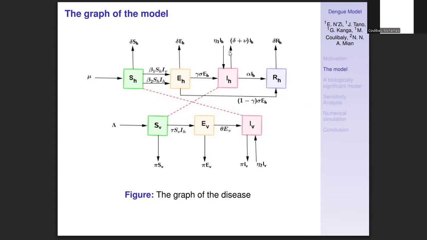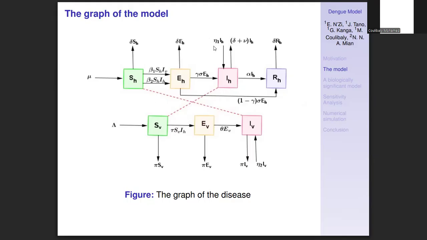Delta is the natural death rate in humans. P is the natural death rate in vectors. And this constant nu represents the death rate from the disease in humans.